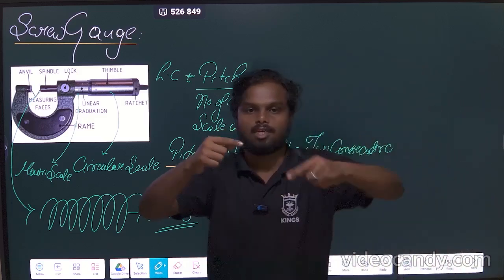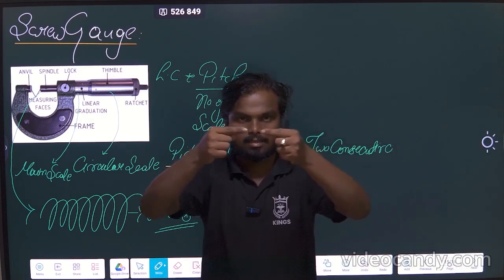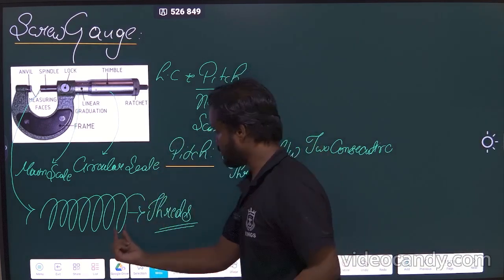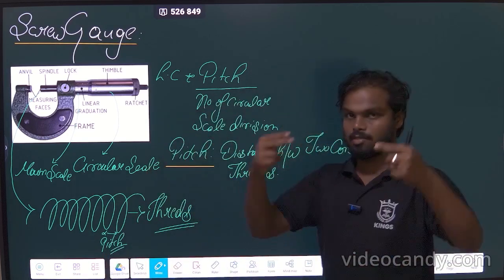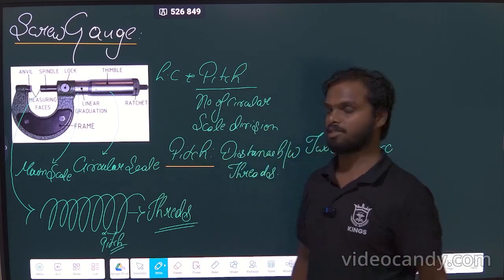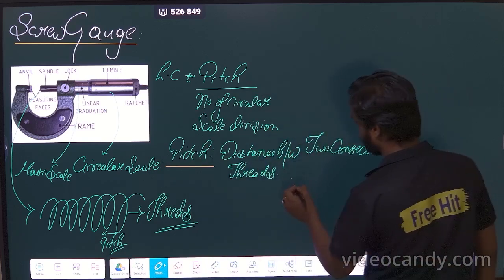Suppose this is my thread, so the distance between them, this distance, is going to be the pitch. The distance between these 2 threads acts as the pitch. This is the first definition.